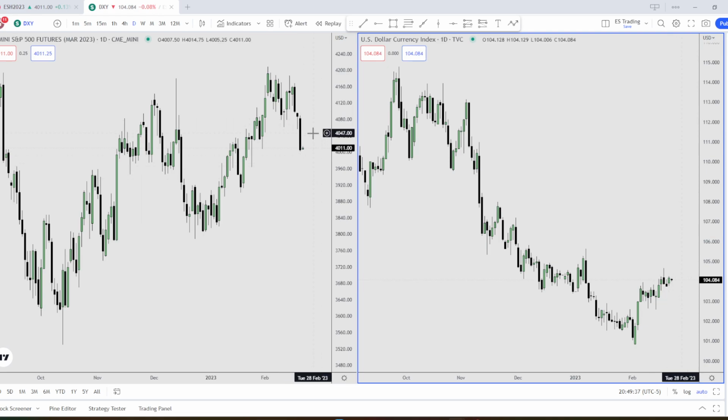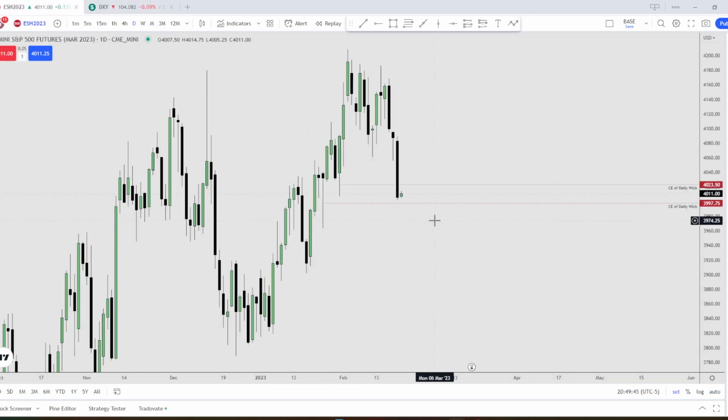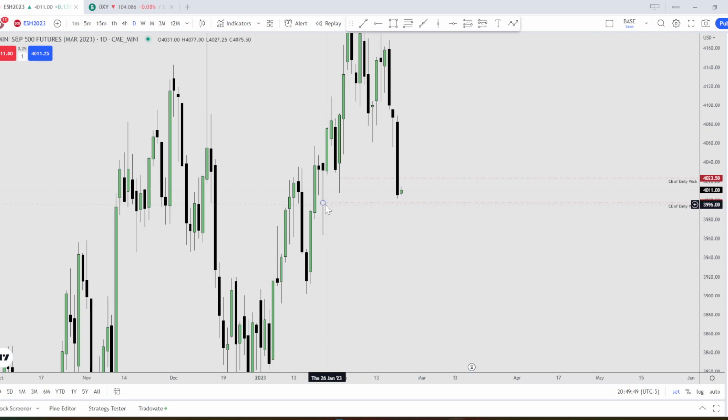Alright, and initially I will look for levels to target. So right now, if this consequent encroachment of the daily wick is not tapped into by the end of Tuesday or in the London session of Wednesday, I will look for that to form or to provide a setup in Wednesday itself.